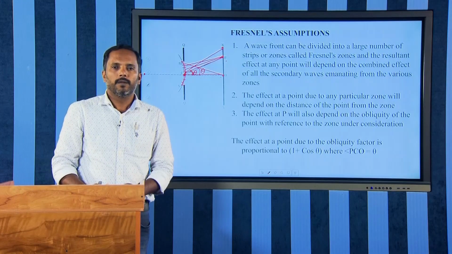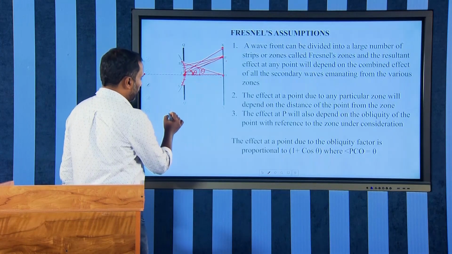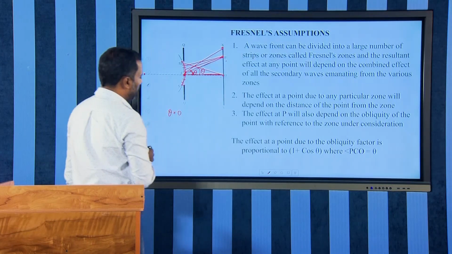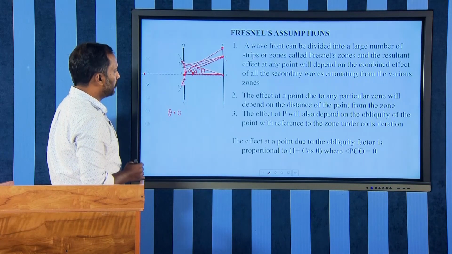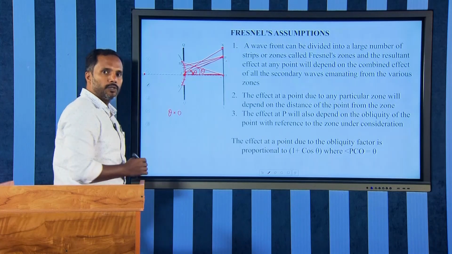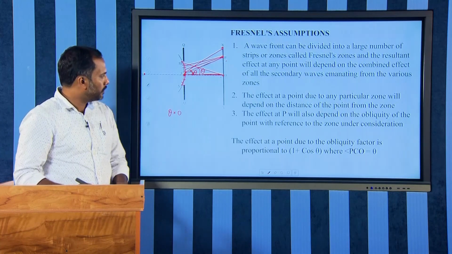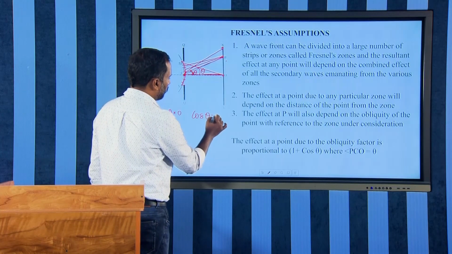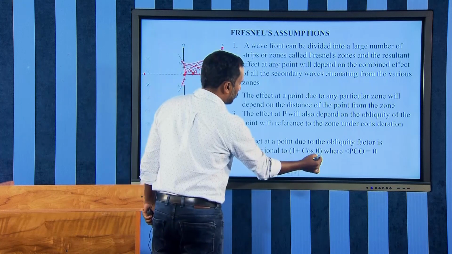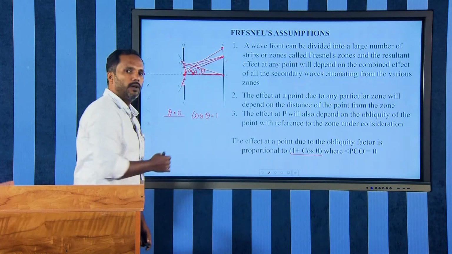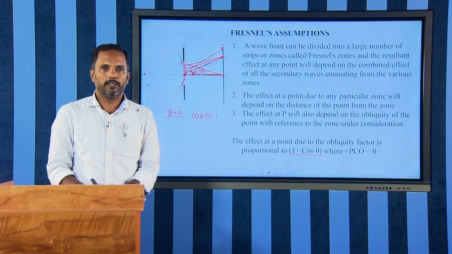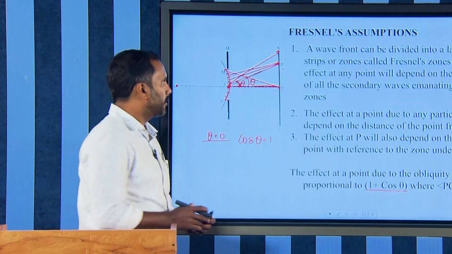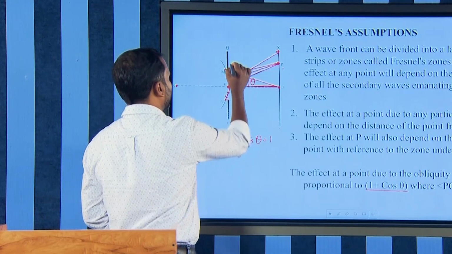Now, when theta is equal to 0, so this is the wavefront we are considering. So, theta is equal to 0. When theta is equal to 0, cos theta is equal to 1. So, that is a maximum value. So, 1 plus cos theta will be maximum when theta is equal to 0, then the effect will be maximum. Similarly, in the direction tangential to the primary wavefront, that means this is the direction.